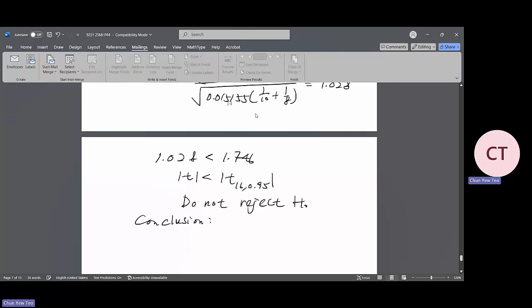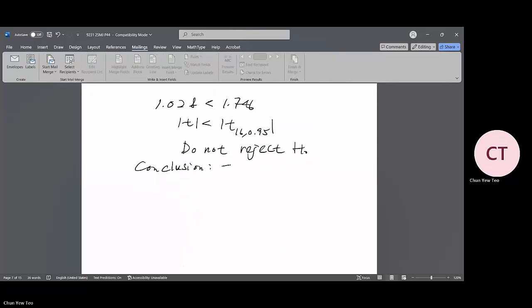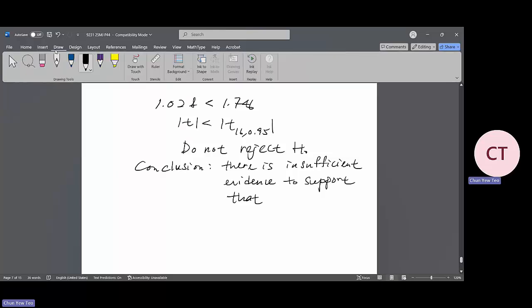There is insufficient evidence to support Mona's claim. That means there is no solid evidence to say that Mona's claim is true.